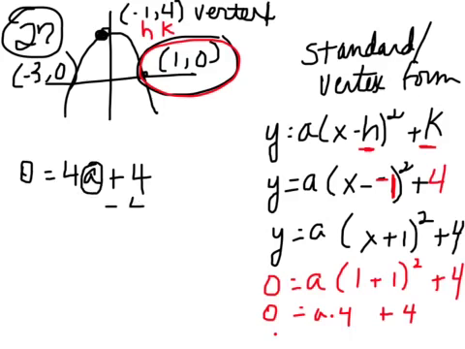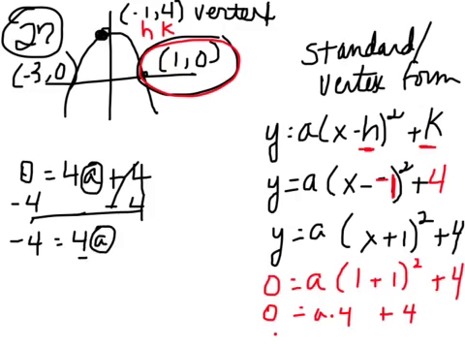So let's subtract 4: -4 equals 4a. Divide both sides by 4. Oh, a is -1. Kate said it should be a negative number, right? You see how that'll fall out real nicely if we just let the algebra give it to us.